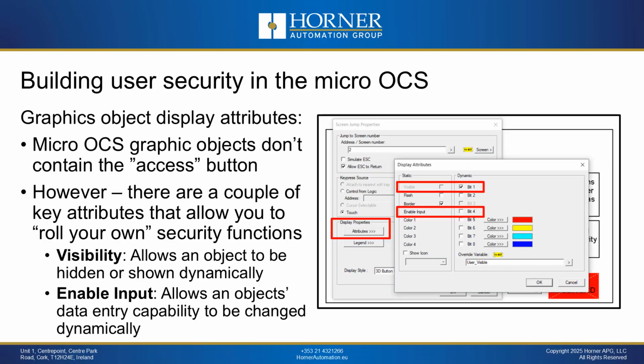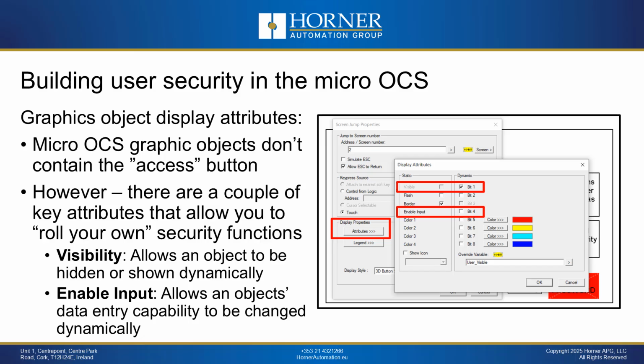Next, we are going to protect individual objects and screens by using display attributes capabilities that can be assigned to any graphical object. If you are using the Micro OCS and you double click on any graphical object that has an action to it, like a push button or a numerical data field for instance, you will notice that there is an attributes button available in the dialog box, even though there is not an access button like you would have for accessing user security in Canvas and Excel Prime.